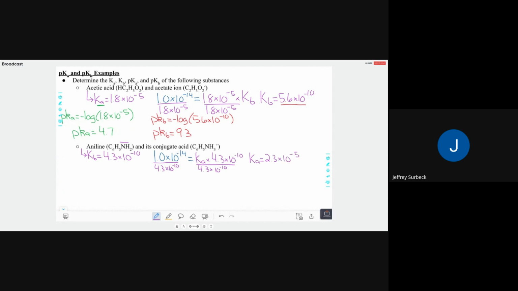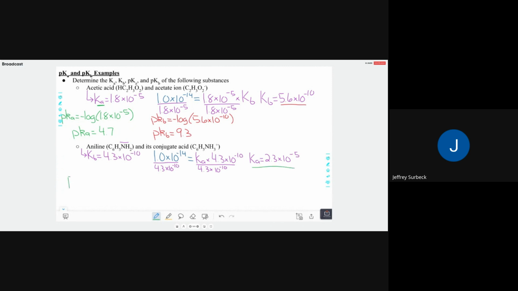Again, when I look at Ka and Kb, because it's a negative exponent, my mind can't easily tell if it's an acid or base or a stronger acid or base. So we do the same thing. We want to find pKa. I'm going to use our value over here on the right.